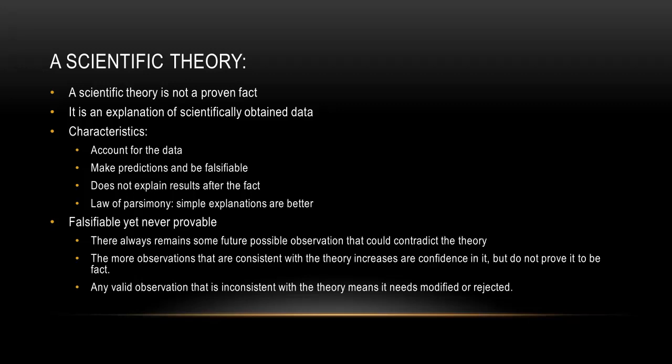But it can be proven false, because if I keep on looking and eventually do discover someday the non-black raven, well, I have now falsified the theory. So that's a scientific statement, because it is making a prediction, accounting for the data, and it is in principle falsifiable. Whether it ever is falsified is a different question, but at least it could be falsifiable.